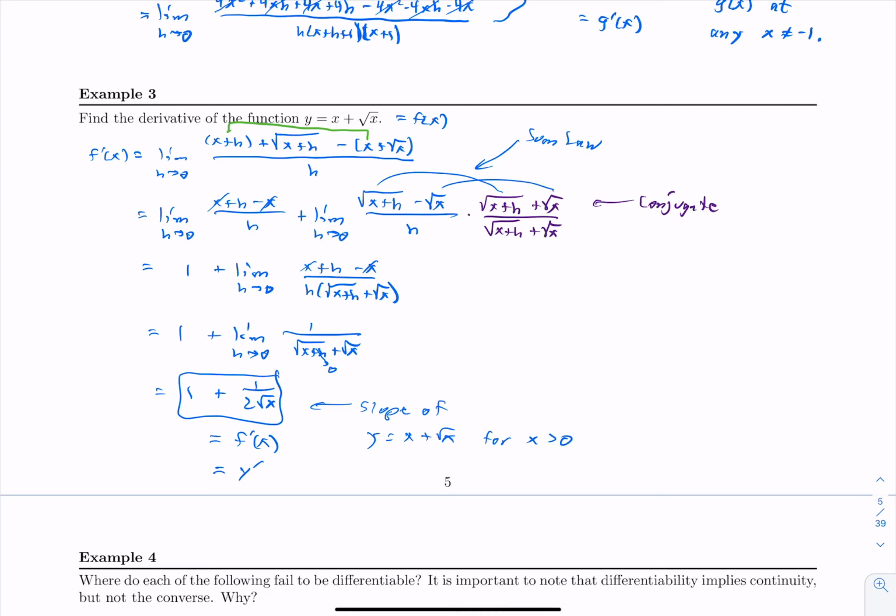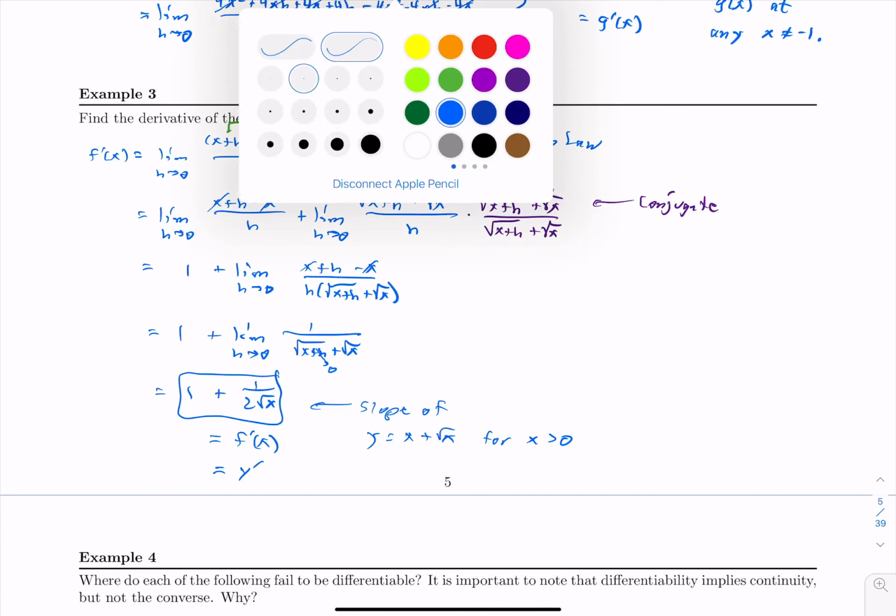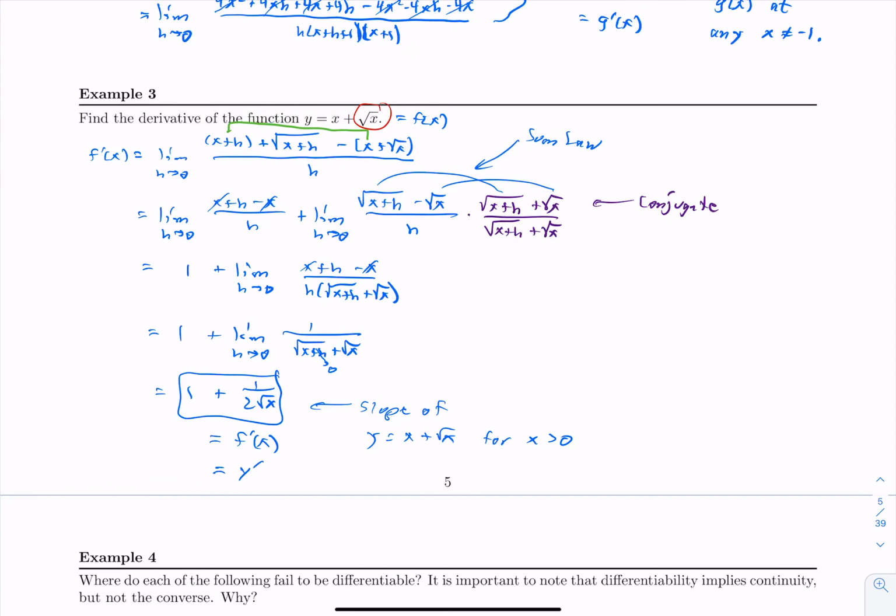Now you might think greater than or equal to, because the domain of the original function is everything bigger than or equal to 0. The problem now is we have a root in the denominator, so we can't plug in 0 anymore. So we only get the slope for positive values. You might want to look at the graph of x plus root x to see why that might be the case. I think what you'll see is at x equals 0, we would have what looks like a vertical tangent. And you know the slope of a vertical line is undefined.